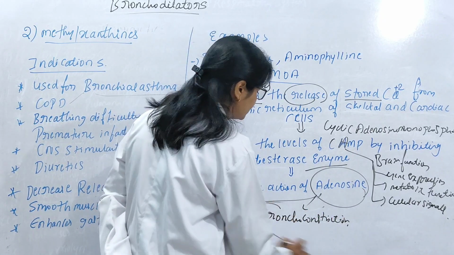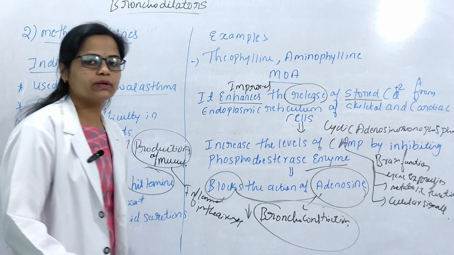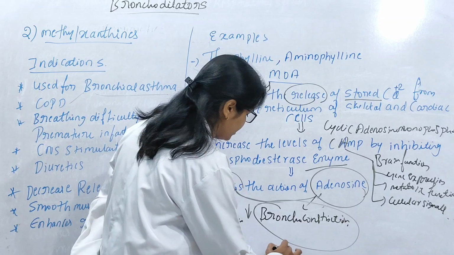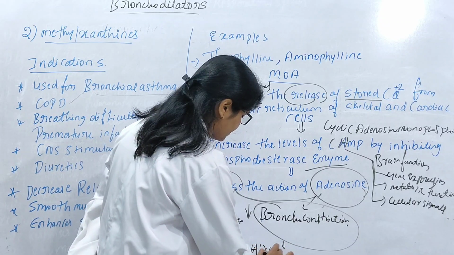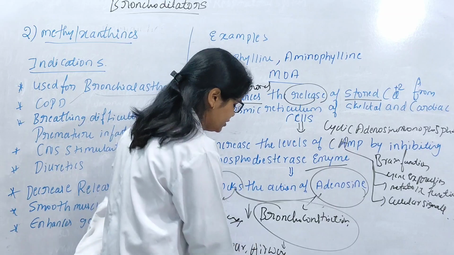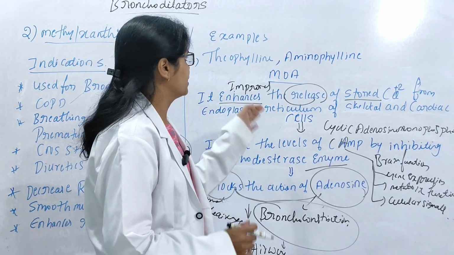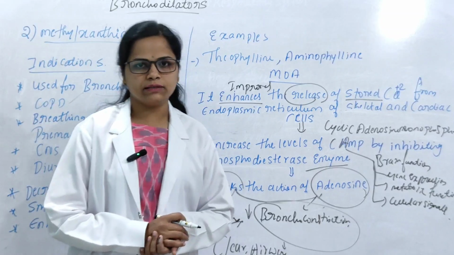When you administer these bronchodilators, the constriction is reduced and the airway is cleared. If the airway is clear, there is normal respiratory function. This is the mechanism of action of the methylxanthines.